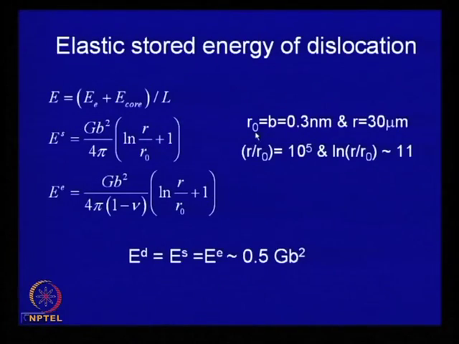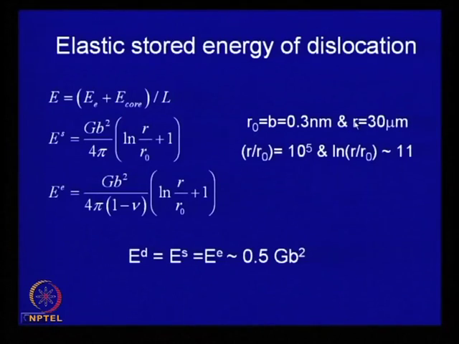It will be interesting to look at the dimension of the core. We found that it is of the same order as the Burgers vector, and for an FCC crystal, say copper, this may be of the order of 0.3 nanometer. The average grain size of metals we assume to be 40, 60 microns or around that.